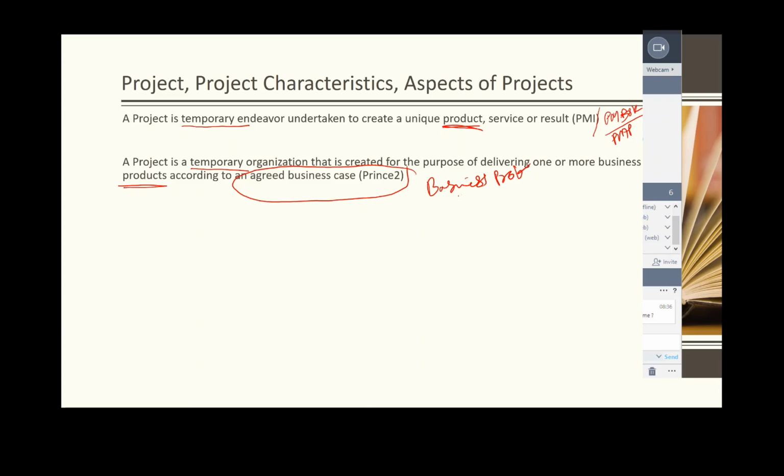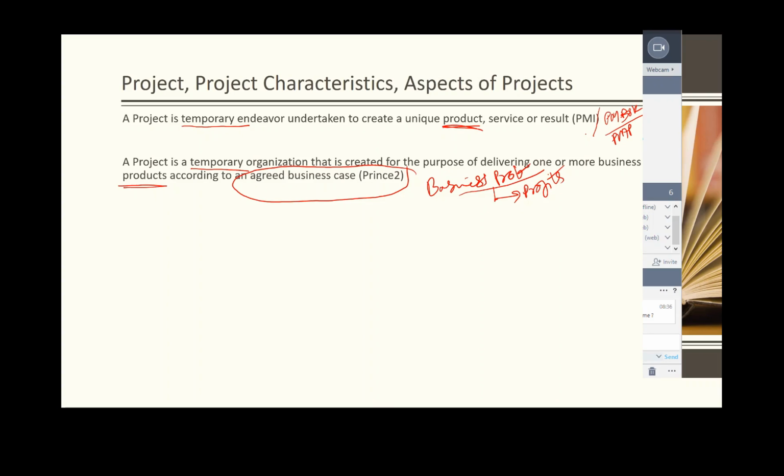And when I am talking about business case, every business deals with profits, right or wrong? Whenever we are talking about business, it means profit, right? It could be in terms of money, or it could be in different ways, but more or less every business or every project is related to profits.